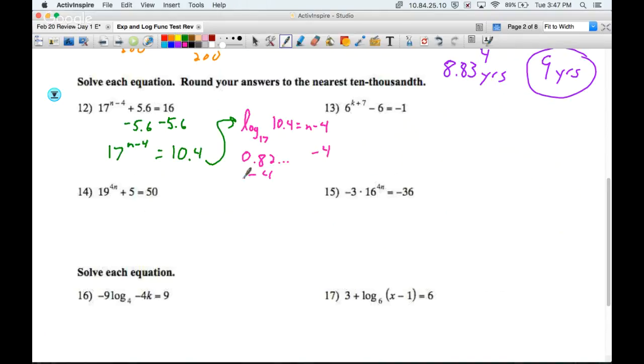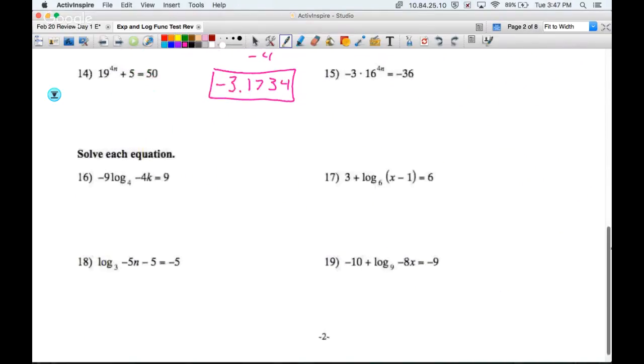And we need to round this to the nearest 10,000th, so negative 3.1734. So that's our tens, hundredths, thousandths, 10,000ths. All right, all of these are about that same level of difficulty. Let's move on to 16 through 19.